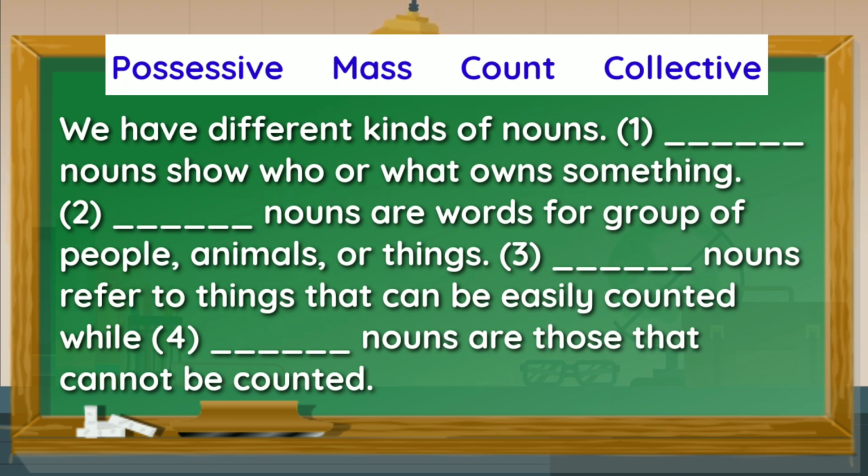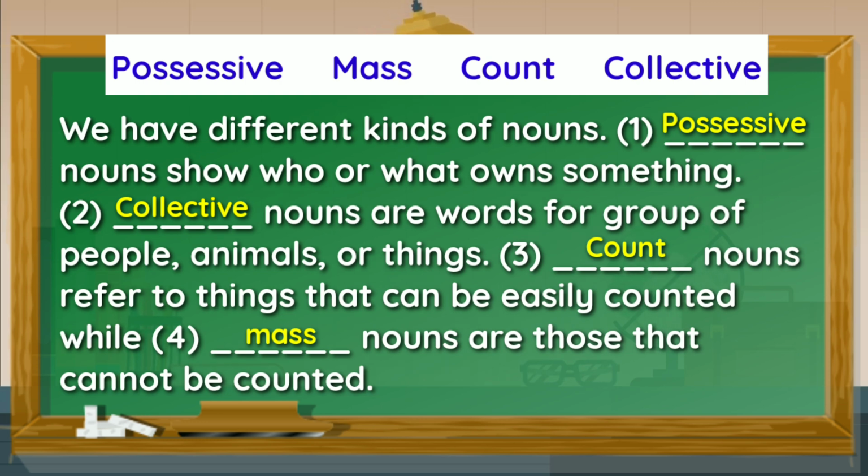Now let's check your answers. What do you think is the answer to number 1? Correct. Possessive. Number 2. Great. Collective. Number 3. Brilliant. Count. Number 4. Excellent. Mass.